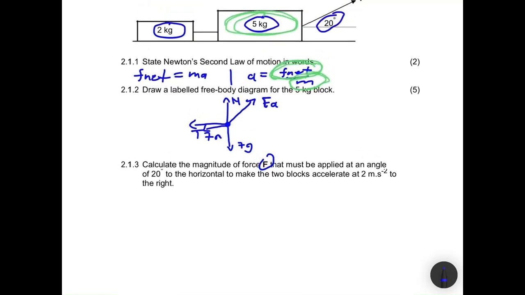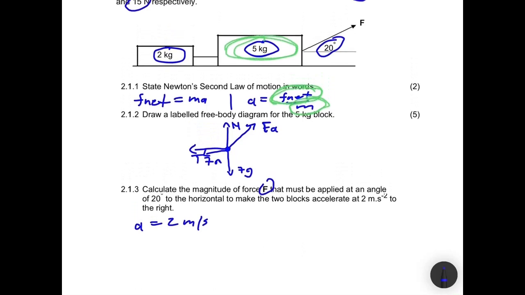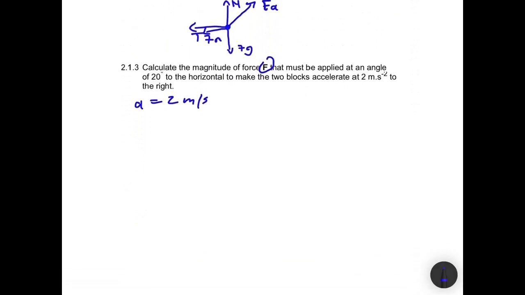So here, we're trying to find the magnitude of force F that is applied on the 5 kg block. So we're going to go to the 5 kg block and see if we can get the magnitude of force F.